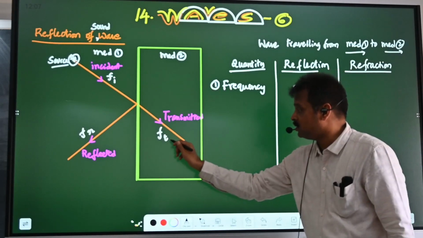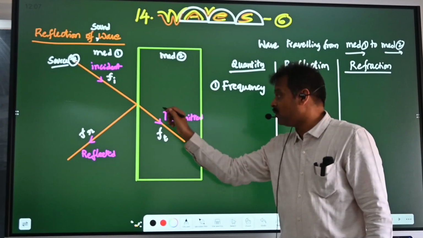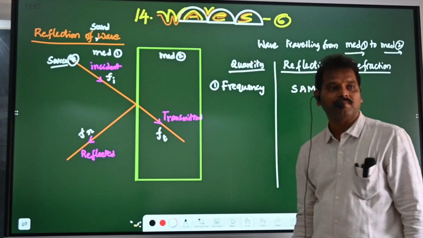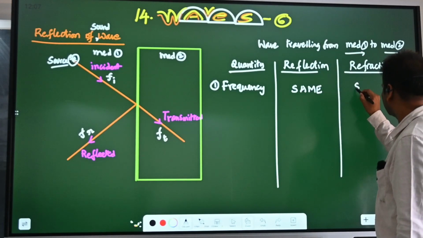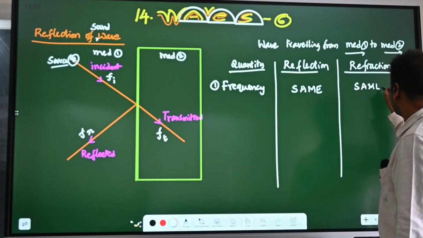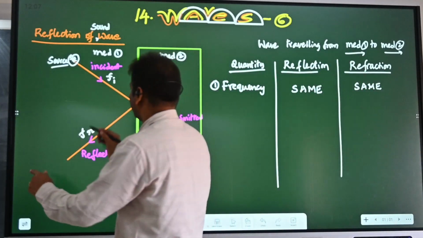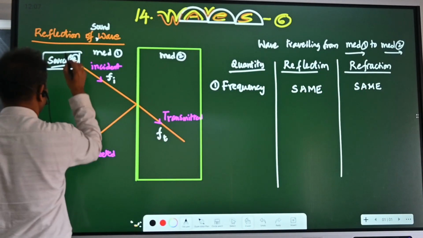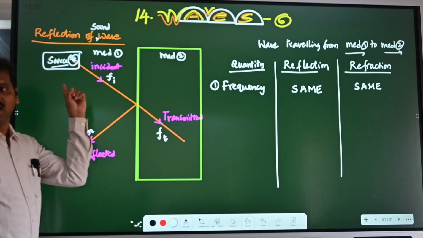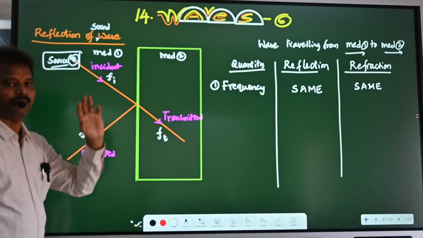What happens to the frequency of the wave that is traveling through the other medium, the transmitted medium? Same. So it is not changing. Frequency is not changing because frequency only depends on source. That's why frequency remains same.